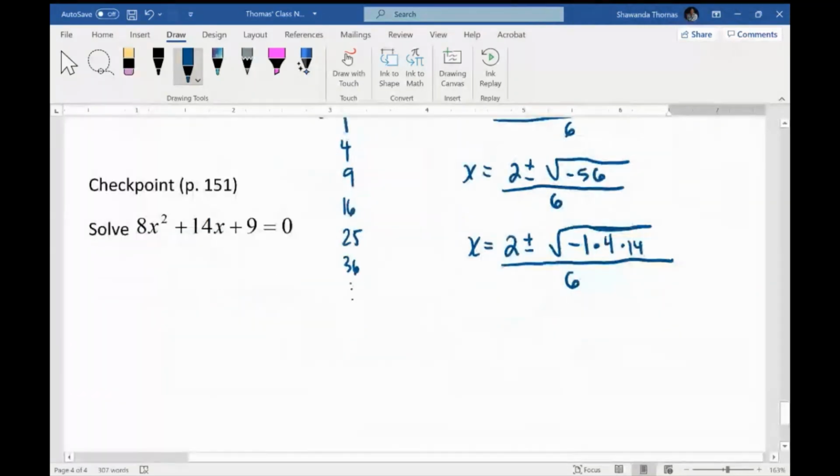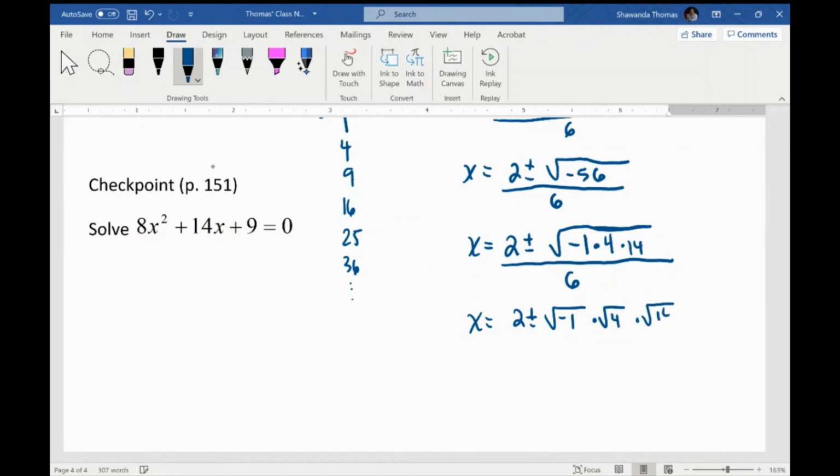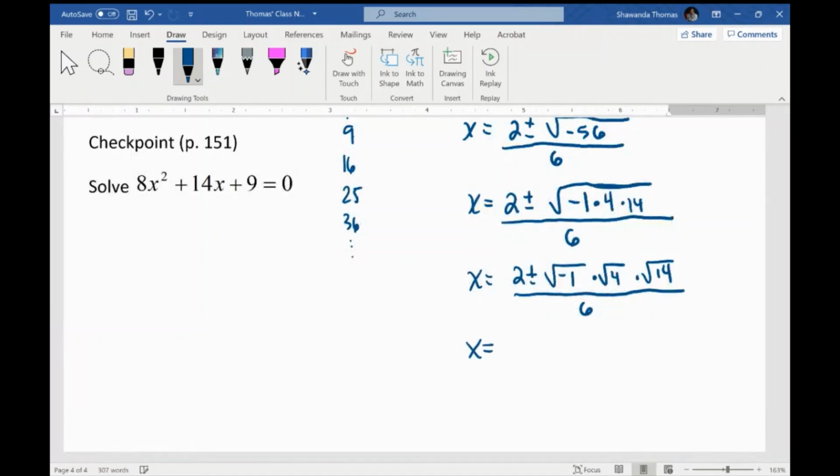All right. Now we have X equals 2 plus or minus. Let's split up our radical into 3 radicals: the square root of -1 times the square root of 4 times the square root of 14, all over 6. Let's begin with the square root of -1. What is it? i.